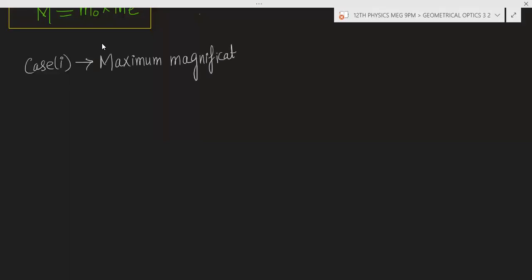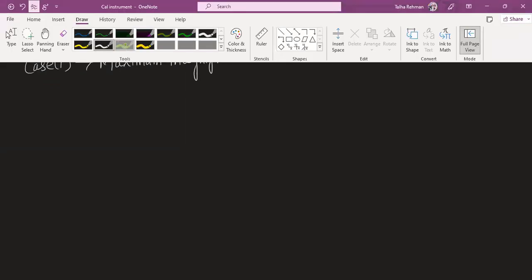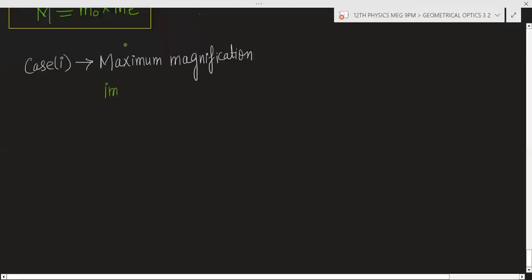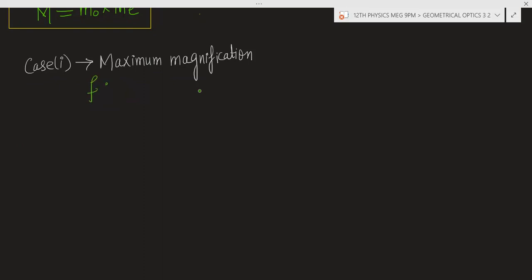Now we know in case of the maximum magnification, the final image is formed at the capital D distance by the eyepiece.